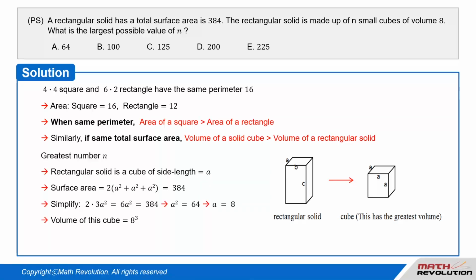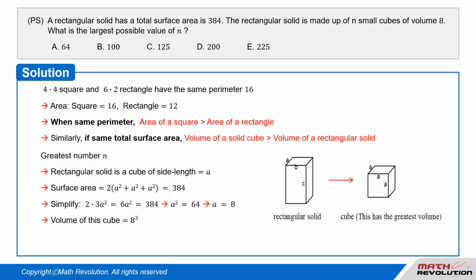In order to find the greatest number, n, of small cubes that will fit inside the rectangular solid, the rectangular solid must be a cube as shown above. Going back to the question, if the rectangular solid is a cube of side length a, we obtain the equation 2 times (a squared plus a squared plus a squared) equals 384 for the surface area of the cube.